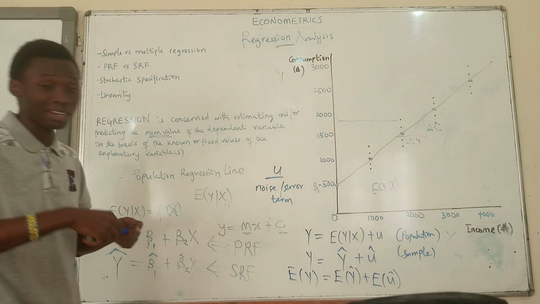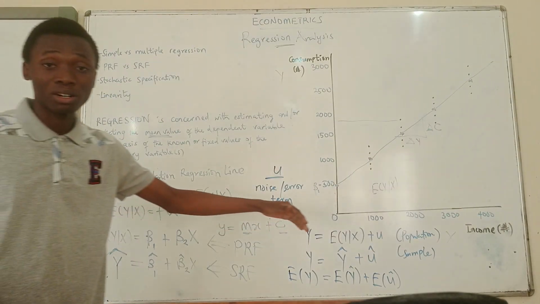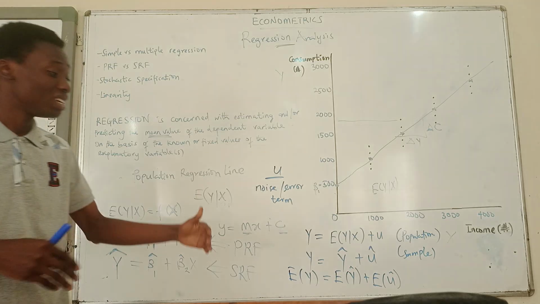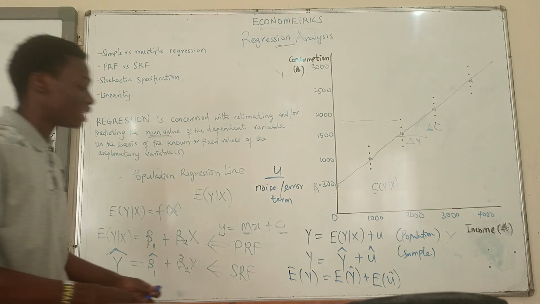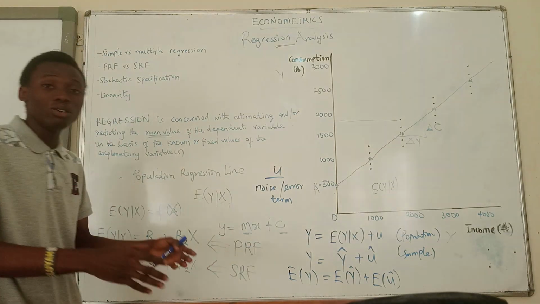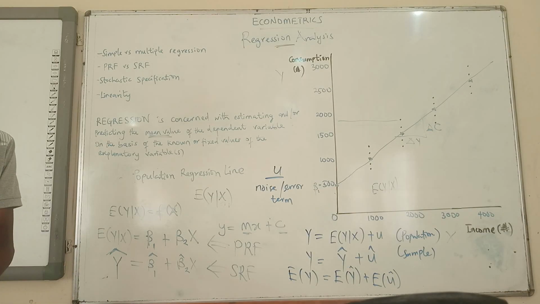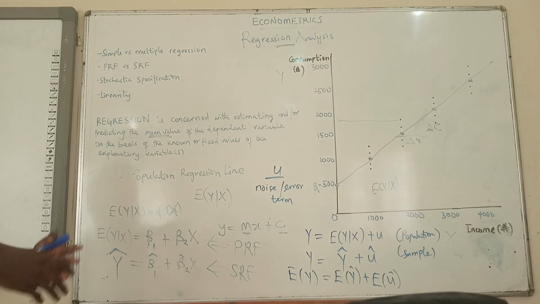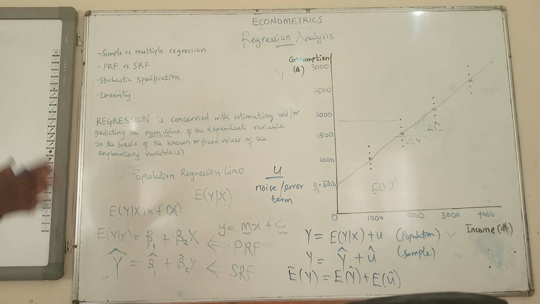As we are going to learn later, one of the assumptions is that the expected value of the error term should be 0, so that at the end of the day, the expected value of the true Y is still equal to what you are estimating. So that's the idea of the stochastic specification.